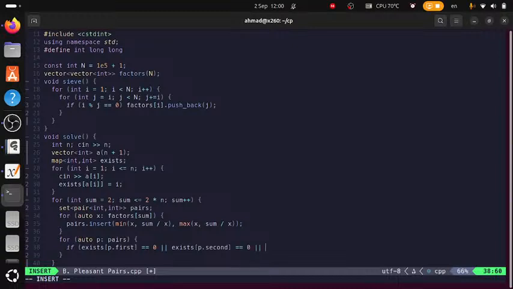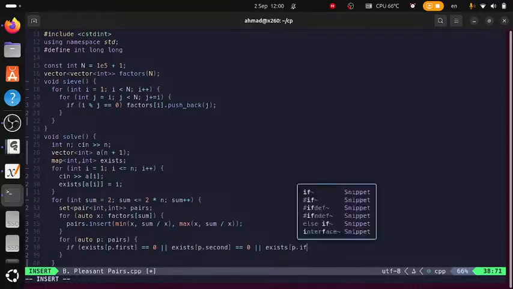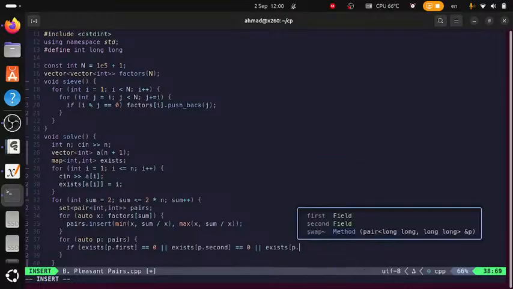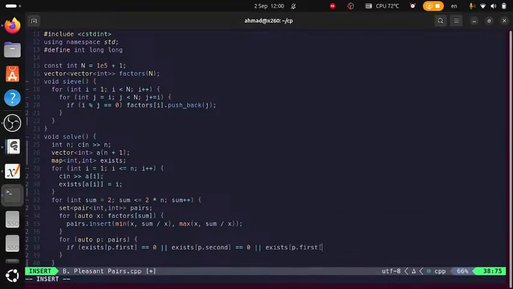The third case is that they exist but the sums are not good enough. So exists at p dot first, right? So where the first factor is located and where the second factor is located, the places where they're located do not equal the sum.